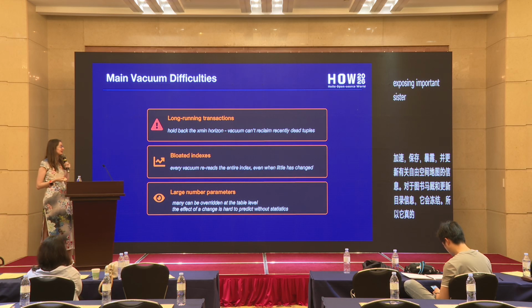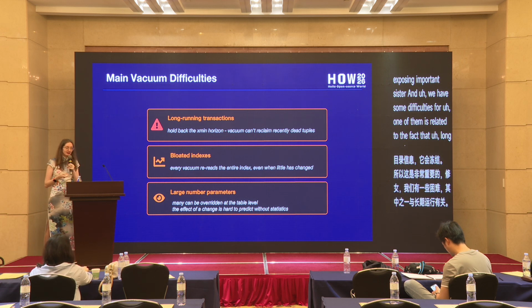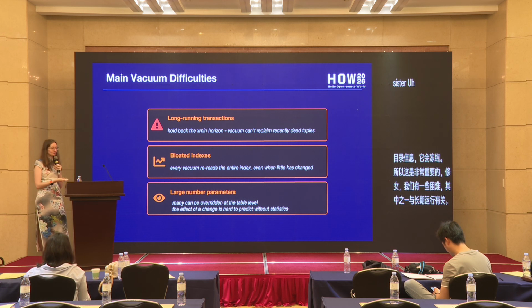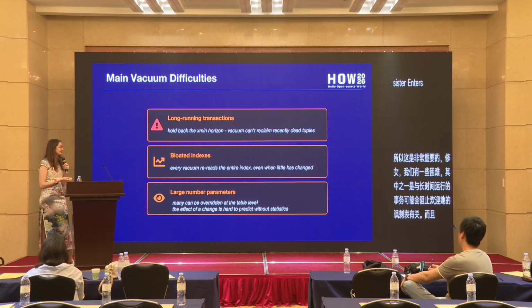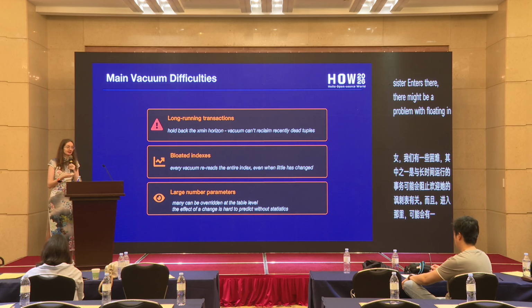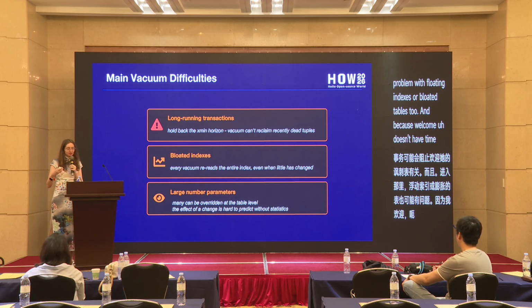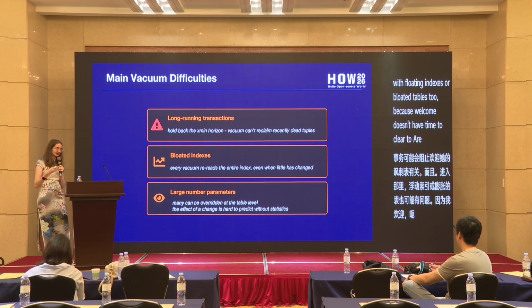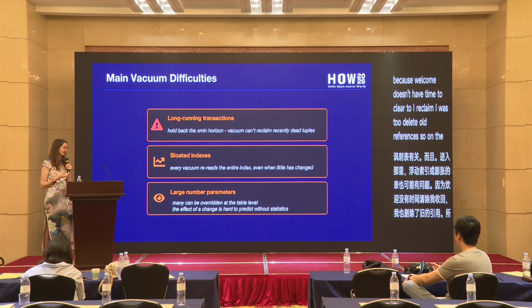And we have some difficulties. One of them is related to the fact that long-running transactions can prevent vacuuming such tuples, and there might be a problem with bloated indexes or bloated tables too, because vacuum doesn't have time to delete old references on dead tuples or clean them up.